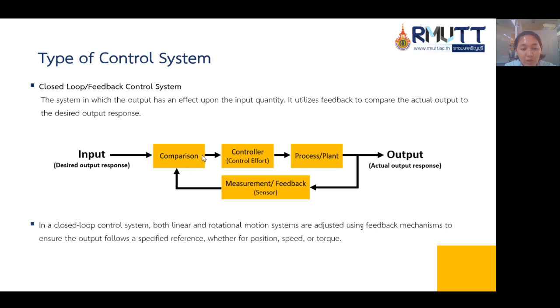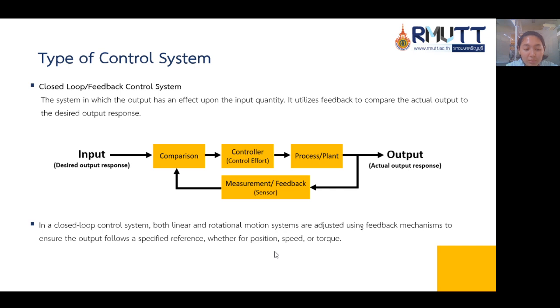Then it flows to the controller and then flows to the plant or process, then produces an output, and then from the output, using the sensor, this measures the actual output, then compares to the input and produces an error, goes to the controller again, and then goes to the plant, and produces output, and then feeds back again, compares with the input, and cycles like that until the actual output is the same as the desired output.